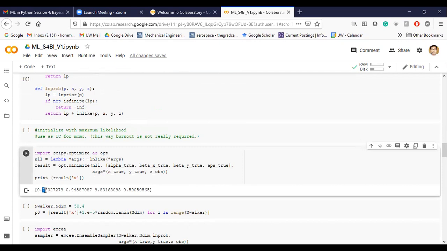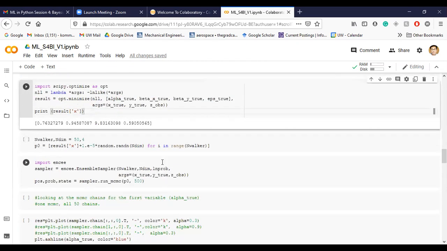So this should be 0.5, this should be 1, this should be 10, and this should be 0.5. So it's not exactly right, but it's pretty much in the same space, right? They're all pretty close to the true values. So now that we have this as an initial estimate, let's actually use MCMC and see how close we can get to the true solution.